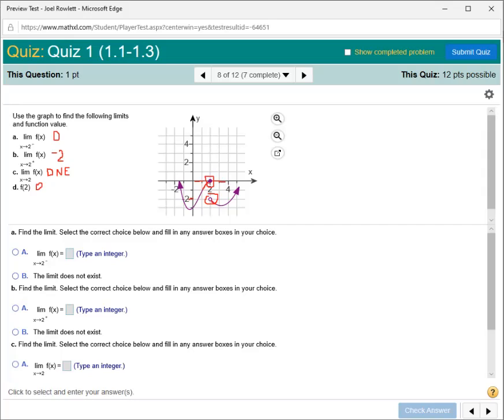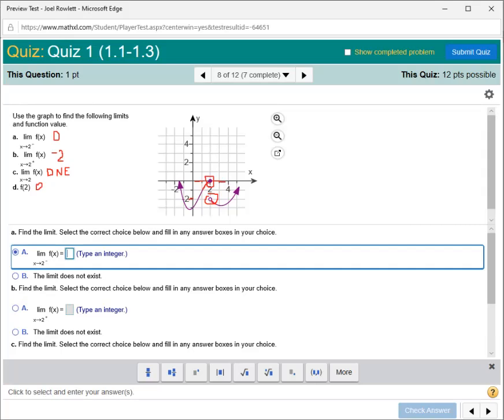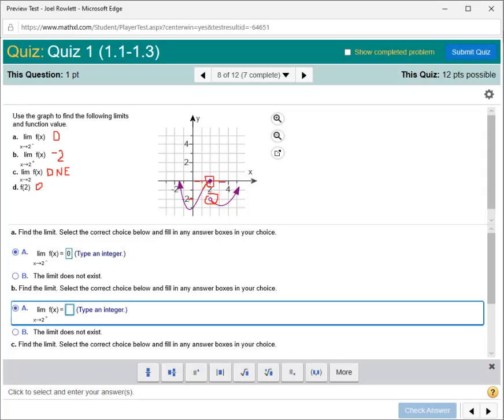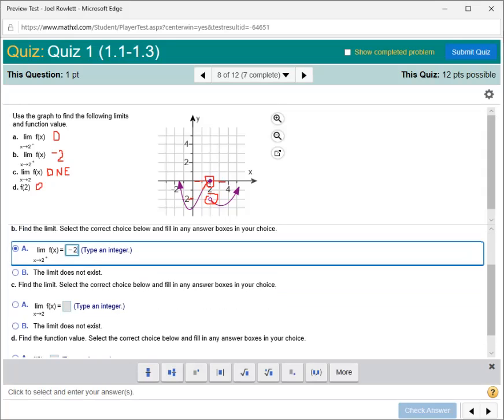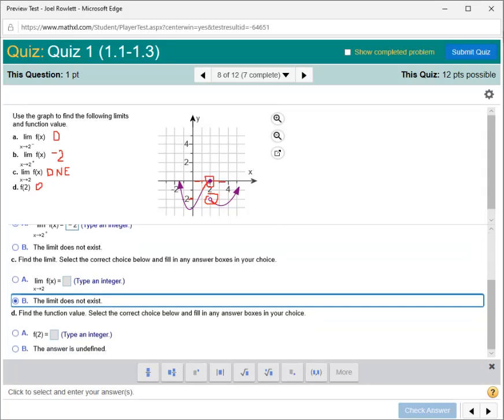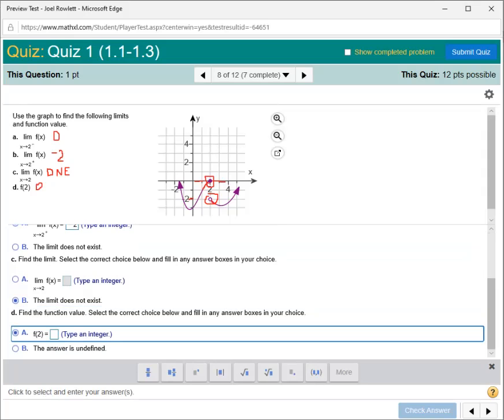So let's go ahead and put those in. 0, negative 2. Does not exist, and 0.